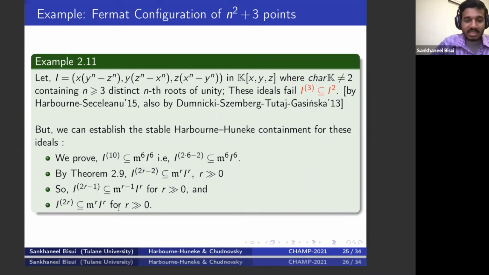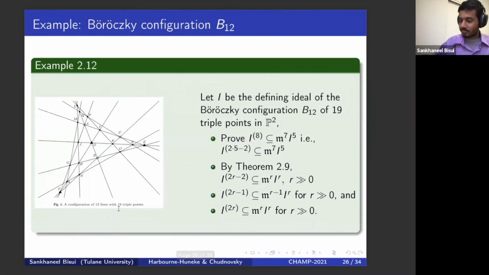Now, the second example I would like to explain is the example from the Böröczky configuration. Before I explain the result, this is a configuration where 12 lines meet in 19 triple points.